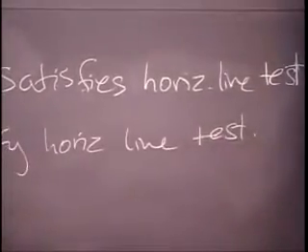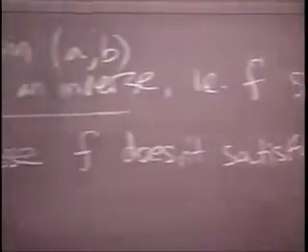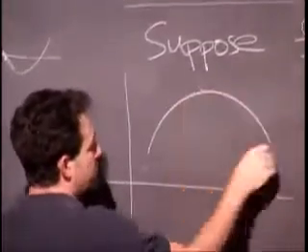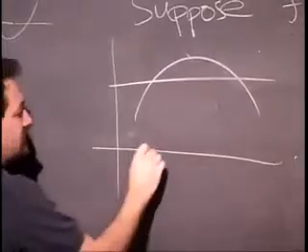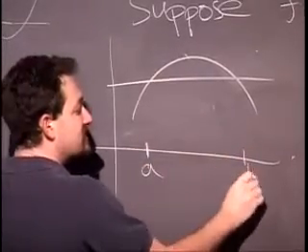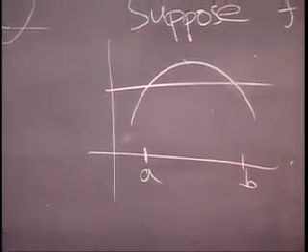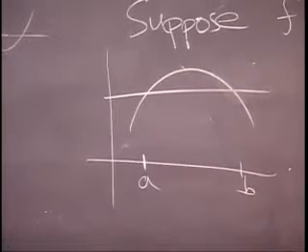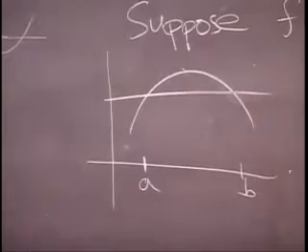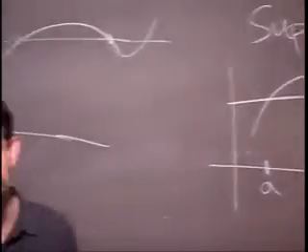Okay, so suppose that f screws up, and the picture looks something like this. I don't know what it looks like. Suppose there's a horizontal line which intersects the curve at least twice. Well, if it intersects the curve at least twice, then it does intersect the curve twice. Maybe more, but twice. And I'm going to pick two of these intersection points.